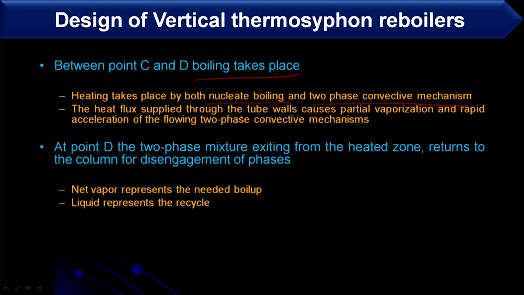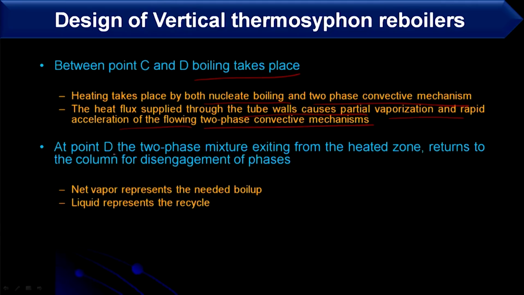Heat flux supplied through the tube walls causes partial vaporization and rapid acceleration of the flowing two-phase mixture. As far as boiling is concerned, we should consider nucleate boiling as well as convective boiling, but that will occur at the upper section, or at the exit of the reboiler.